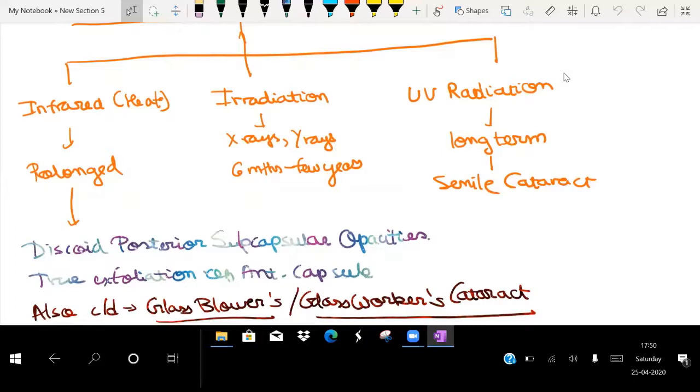Since it is seen in people working in glass factories, it is also called glass blowers or glass workers cataract. The second is due to irradiation like X-rays, gamma rays, neutrons. It will take a time period of 6 months to a few years for the cataract to develop. And the third type is UV radiation, which on a long-term basis can lead to senile cataract.